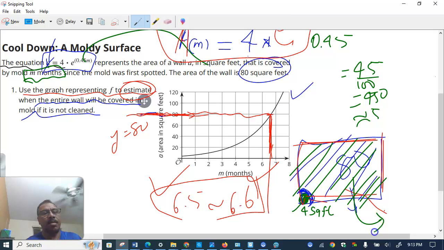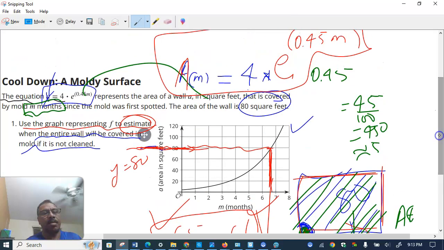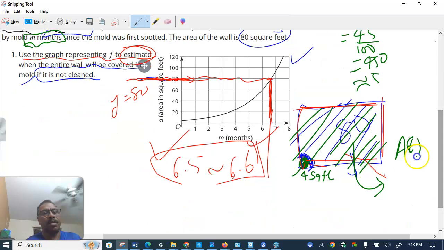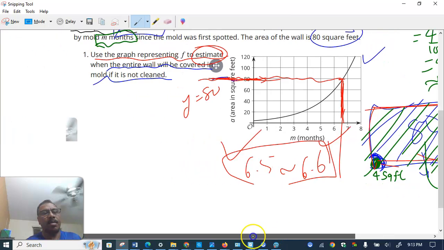That's the green color mold, right? So we need to put the output, that means A of t. This is the area after that many weeks, or m, maybe m. Okay, sorry, yeah, months. I already used this. So this is m. So when is this going to be 80? So what is the answer? How do we do this?